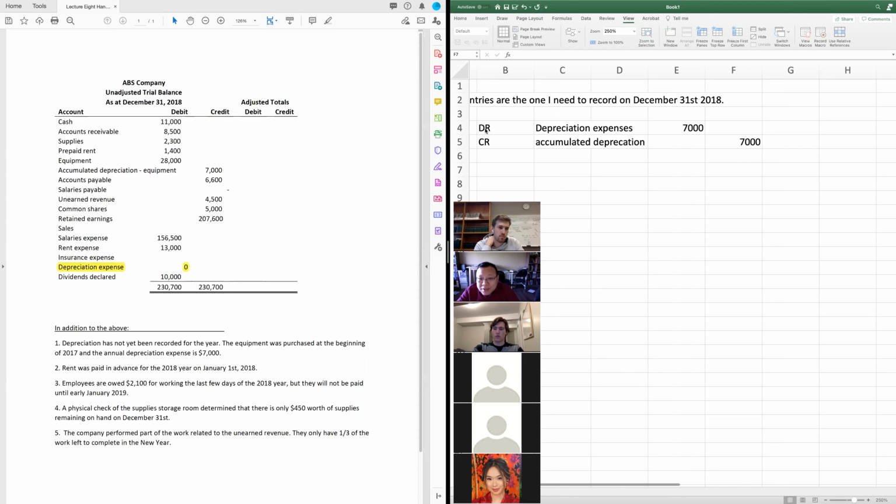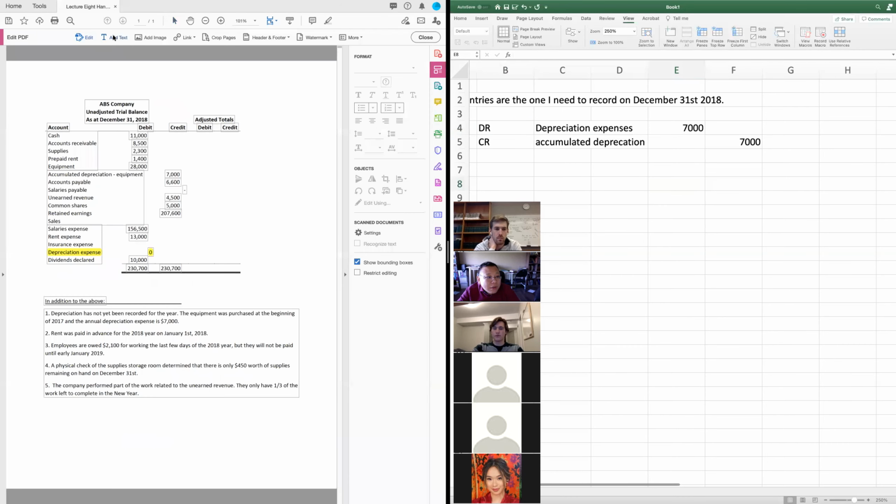But now, back to the Excel sheet, when you debit depreciation expenses, that will increase your balance, right? So here I am going to debit 7,000. That's from my adjusting balance.